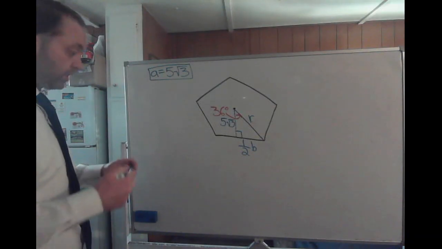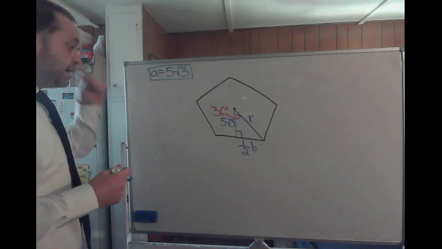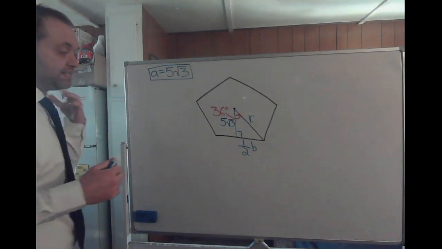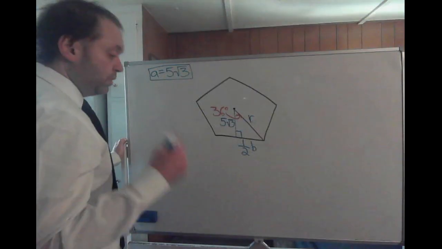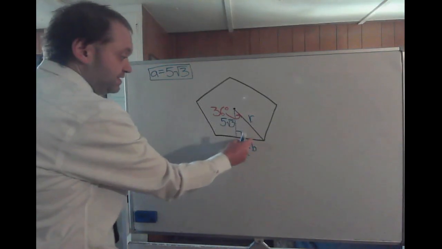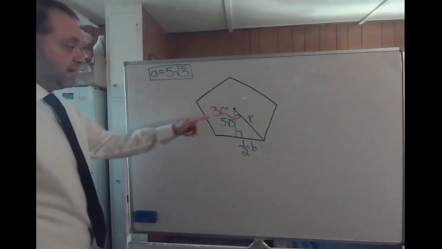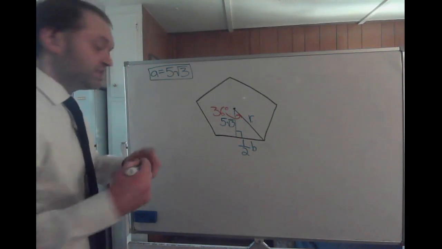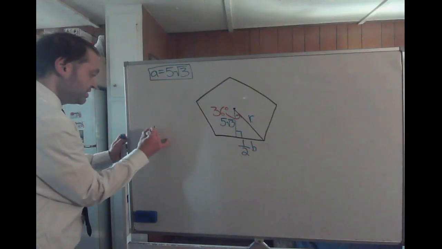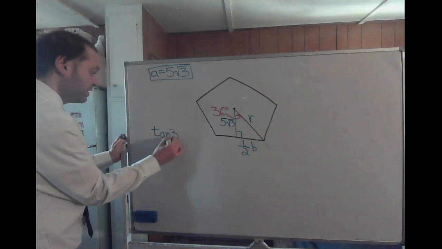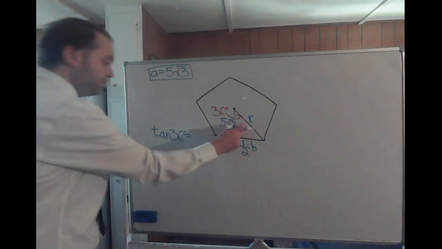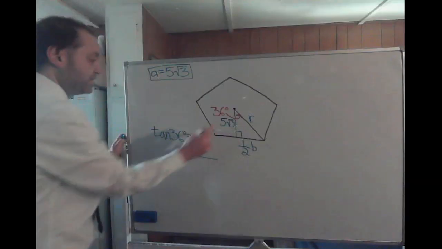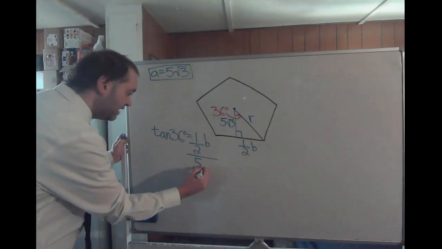So in this case, if we want to start out finding a base, we need to actually do half the base in this right triangle. If you have this angle of a right triangle, you're relating the opposite side and the adjacent side. That's actually the tangent ratio. So you'll set up your tangent of 36 degrees is equal to the opposite side of half the base over the adjacent leg, which would be 5 times the square root of 3.